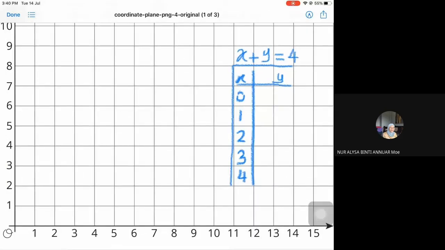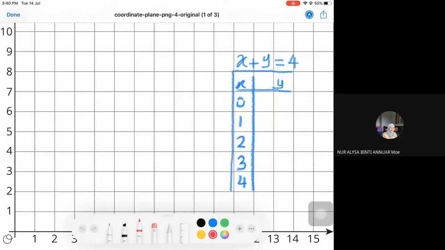Then you can have a table. Just now I made a horizontal table, right? This one I show a vertical table. So when x equals to 0, y equals to 4. When x equals to 1, y equals to 3. When x equals to 2, y is 2, x 3, y 1, x 4, y 0.